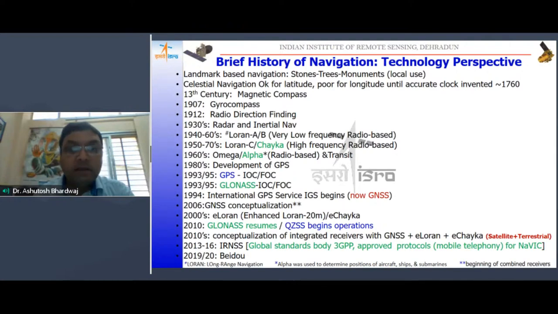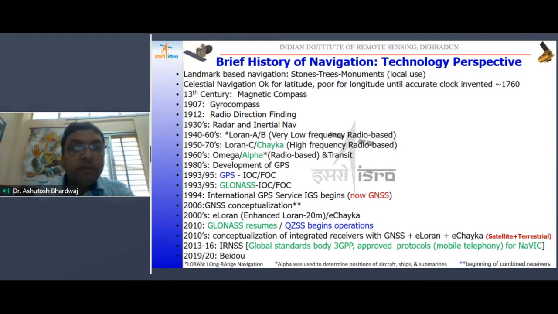Thereafter celestial navigation also developed, which was good for latitude computation but poor for longitude, because the calculation of longitude required a clock, and thus we started getting good longitude values only after the 17th and 18th century, when good clocks were invented.